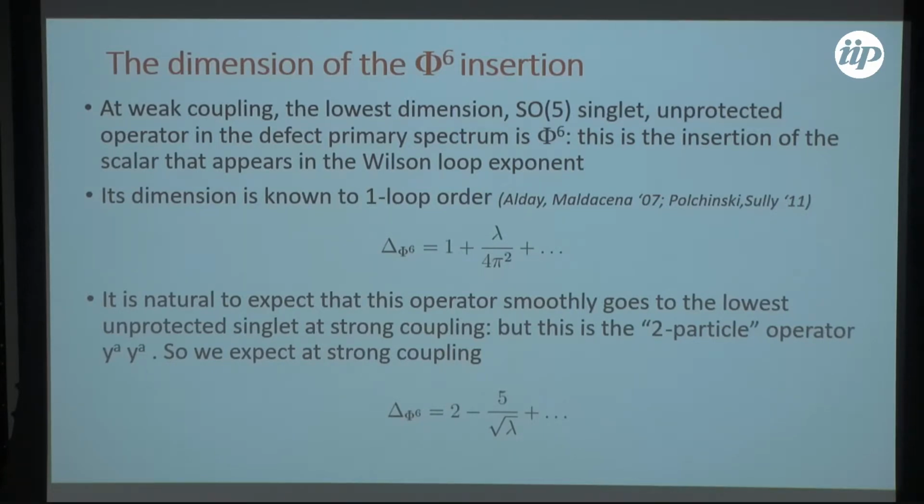Okay. Now it seems natural to expect that when going from weak to strong coupling, the lowest dimension unprotected singlet should smoothly connect to the lowest dimension unprotected singlet at strong coupling. But that operator is just this two-particle bound state that we found in the worksheet calculation, this product of y's. So it's natural to identify that as the strong coupling counterpart of this φ6 insertion.